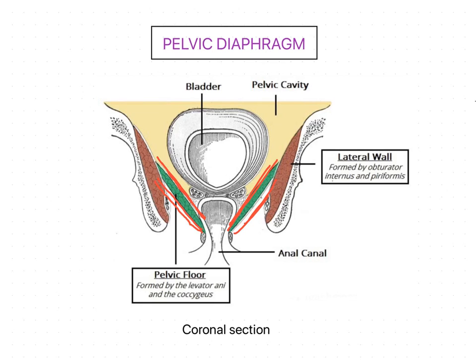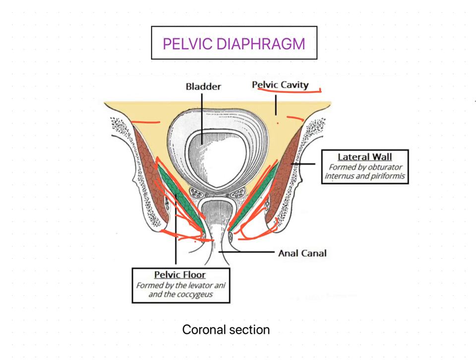It attaches to the walls of the lesser pelvis, which is the true pelvis, isn't it? The lesser pelvis separates the pelvic cavity from the perineum. So this entire part is the pelvic cavity, and this part is called the perineum.